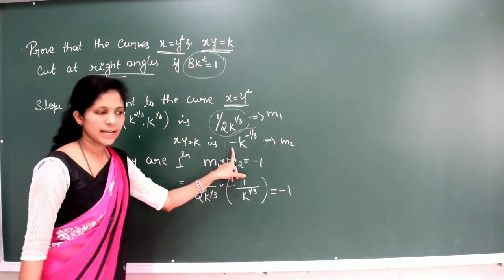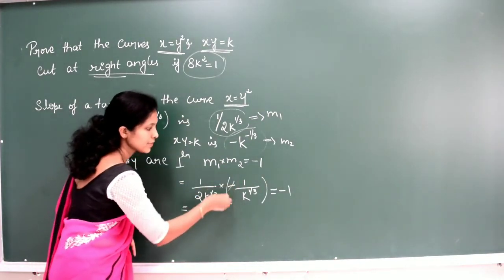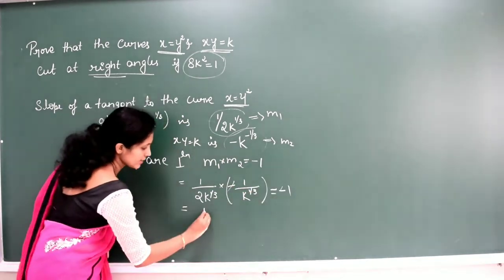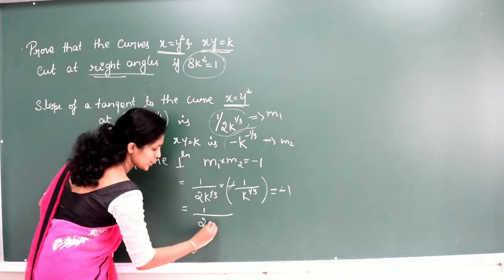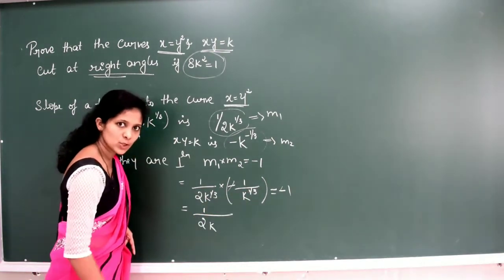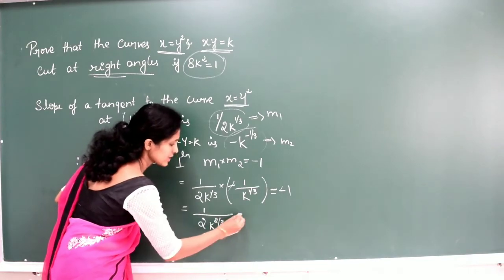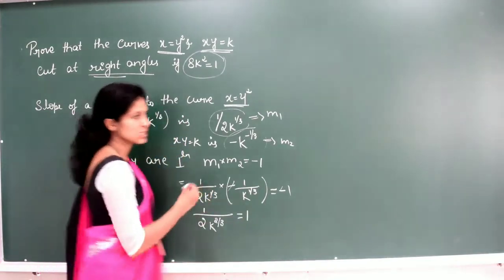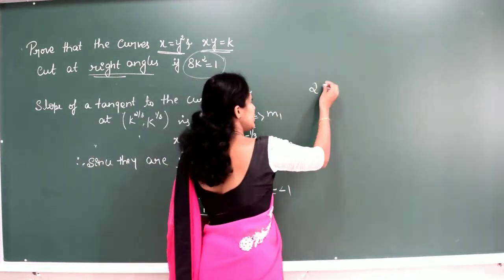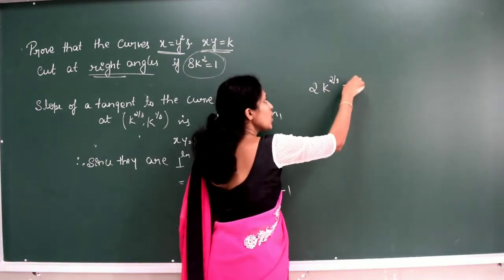Is it clear? The minus and minus will get cancelled. I can write 1 by 2 into k to the power 1 by 3 and 1 by 3. Bases are the same, so we can add 1 by 3 plus 1 by 3, which will be 2 by 3. This is equal to 1. By this, we can write this as 2 into k to the power 2 by 3 is equal to 1.